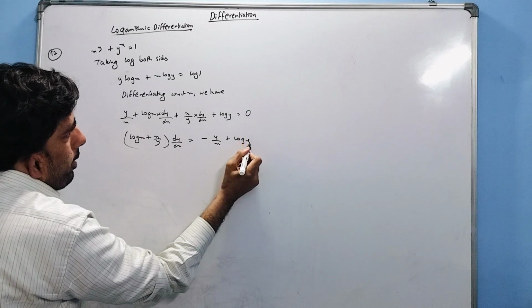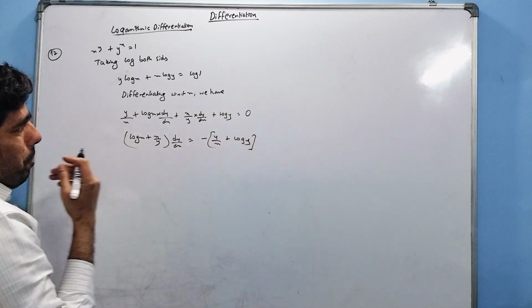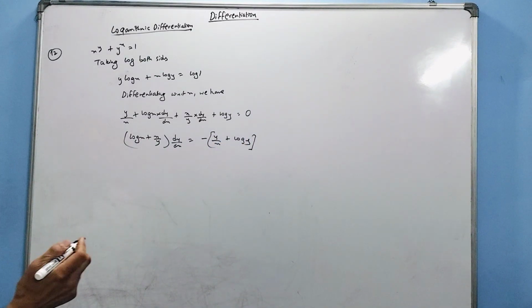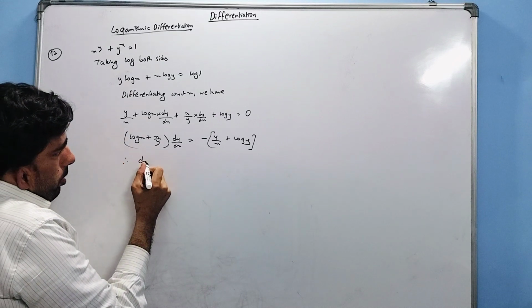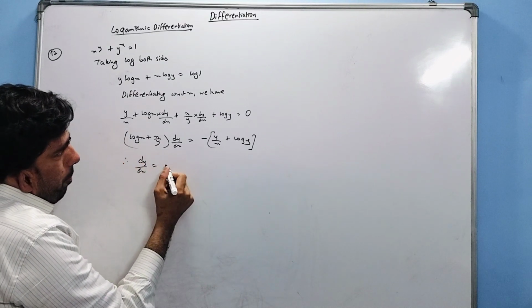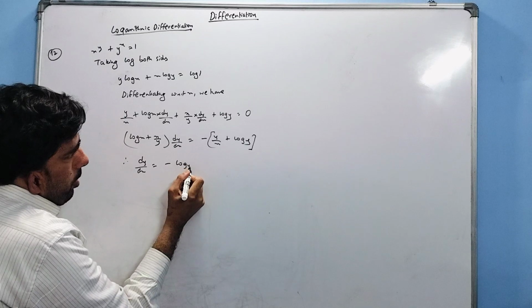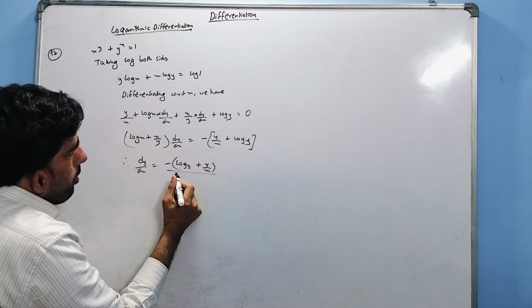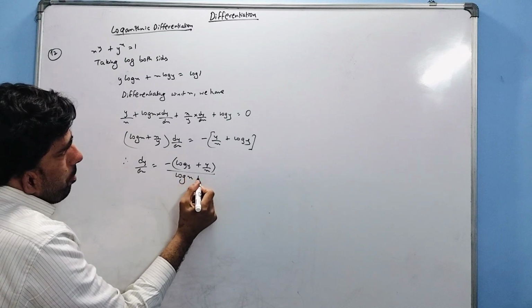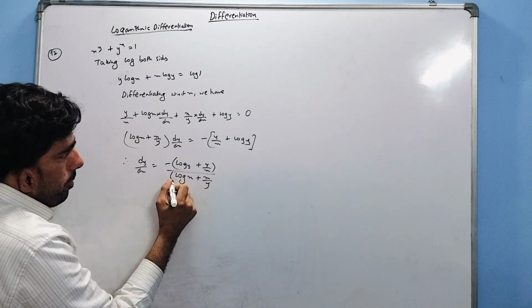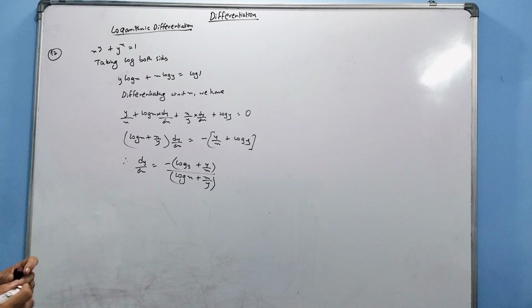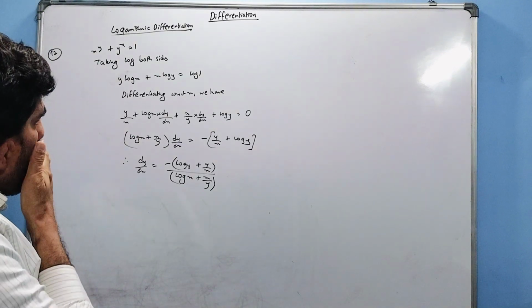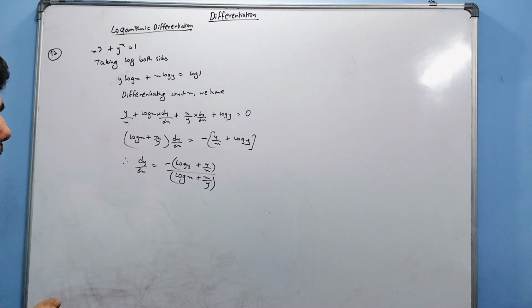Therefore dy upon dx will be minus of log y plus y upon x, upon log of x plus x upon y. So we have dy upon dx equal to this.